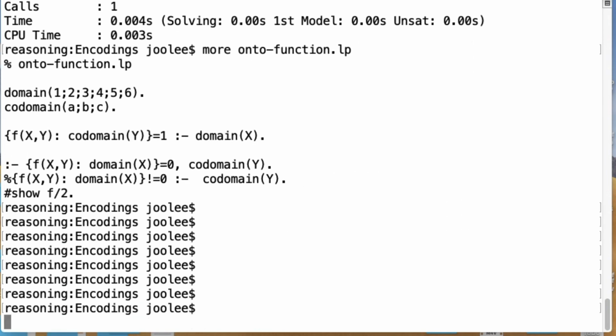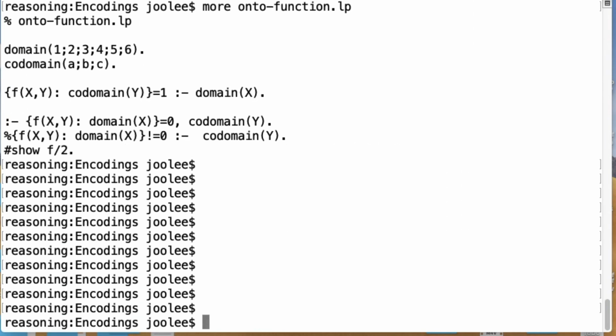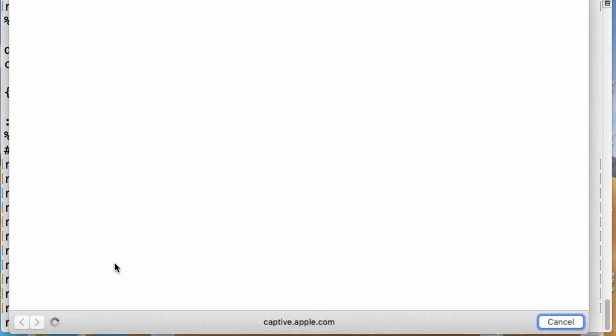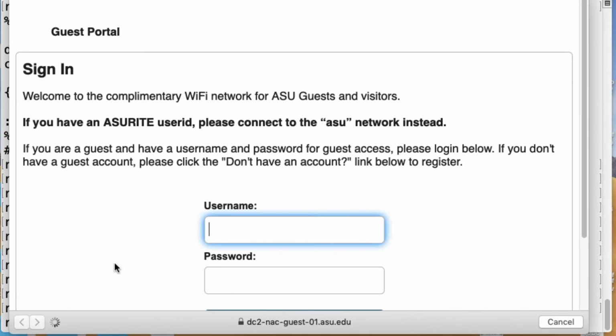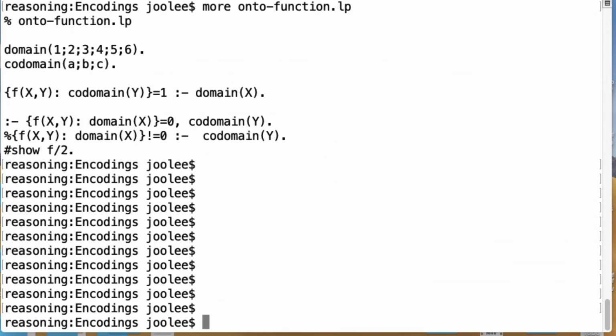Okay? Now let's actually look at the thing. So this is the onto function. Here I say the same thing as I just did. Actually, I have another line which I commented out for now, but it can also be written this way. Maybe let's also talk about this rule.